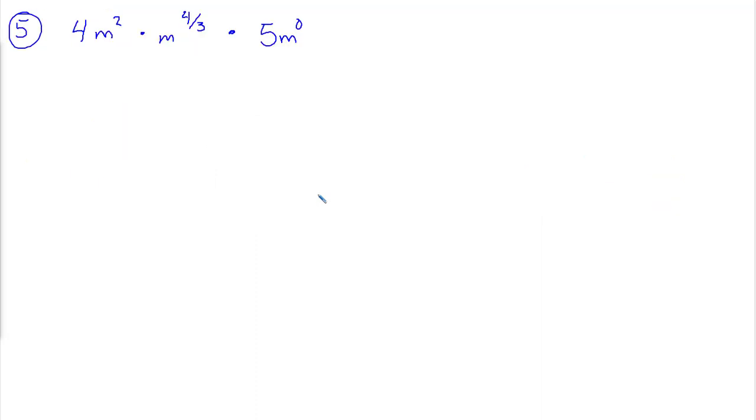Here's another one where we need to do some rules of exponents first and then convert. Anytime you have anything raised to the 0 power, that's the same thing as a times 1. So let's look at this, and we have 4 times 5 times 1, and that gives us 20. Then m to the second times m to the 4/3. That means I need to add those exponents.